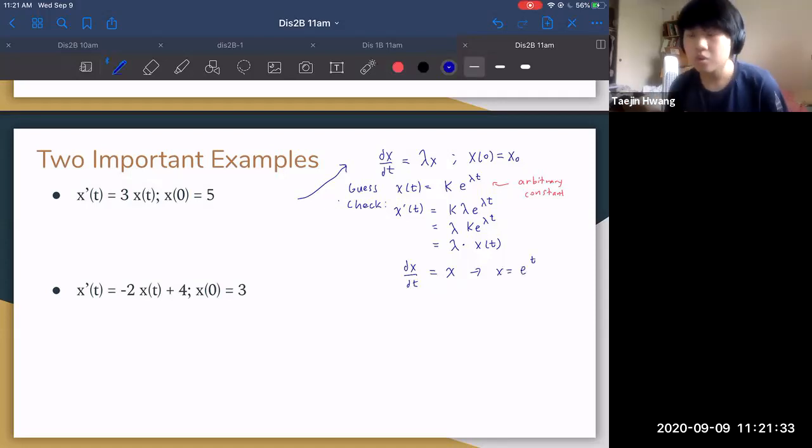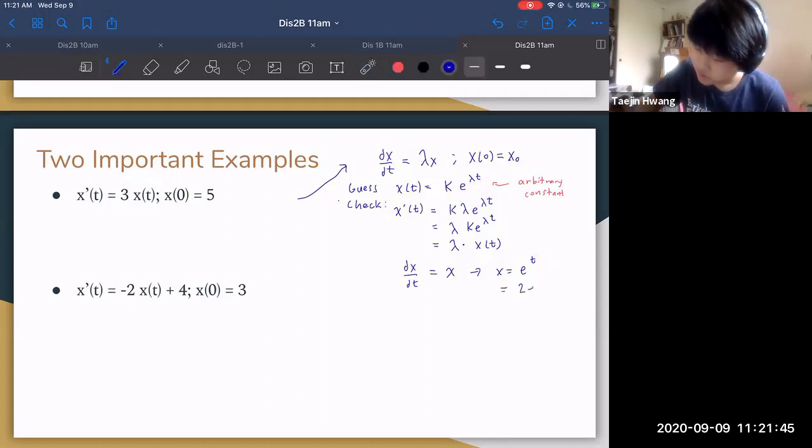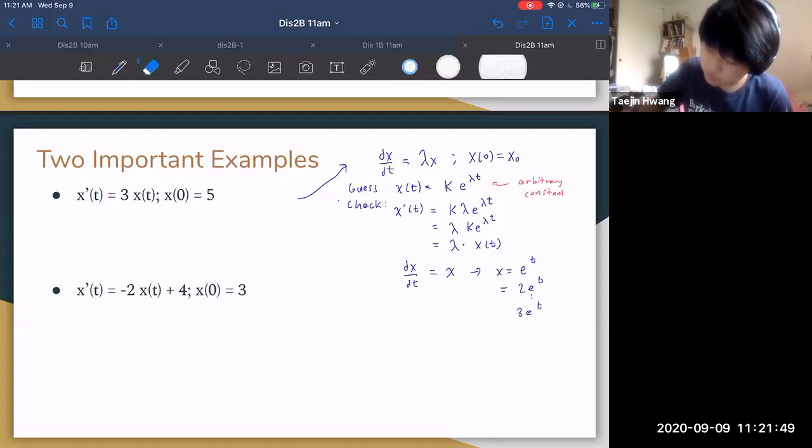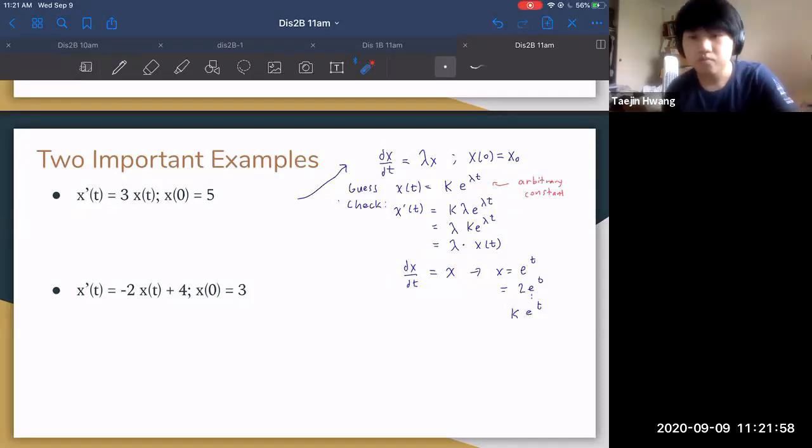So if you take this as truth, you can build up this guess over here. And notice here that multiples of e to the t all work, in the sense that if you were to have k e to the t, then dx dt is equal to x as well. That's the intuition behind the guess.